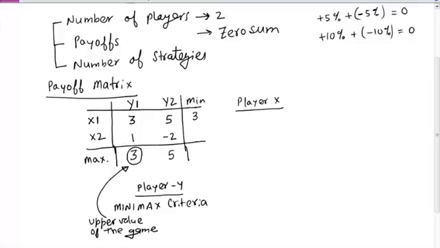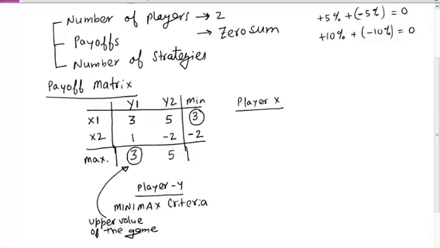Similarly, the minimum possible gain by using strategy 2 is in fact negative 2. So player X will try to maximize the minimum win. So the maximum of the 2 is this value 3 here.